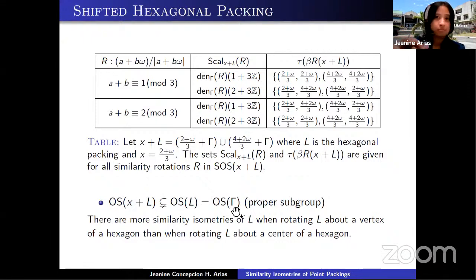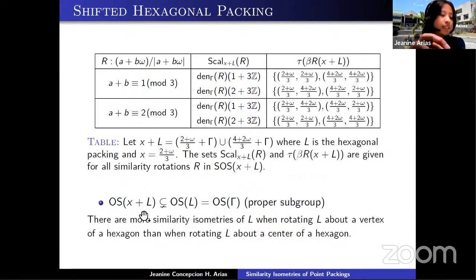So what does this imply? Consequently, there are similarity isometries of L which are not similarity isometries of x plus L. In other words, there are more similarity isometries of the hexagonal packing when one rotates about a vertex of a hexagon than when one rotates about a center of a hexagon.